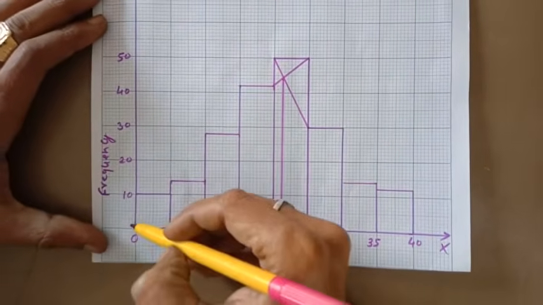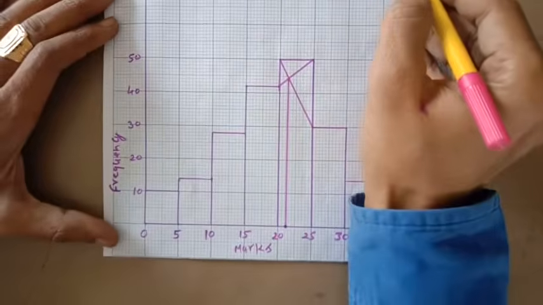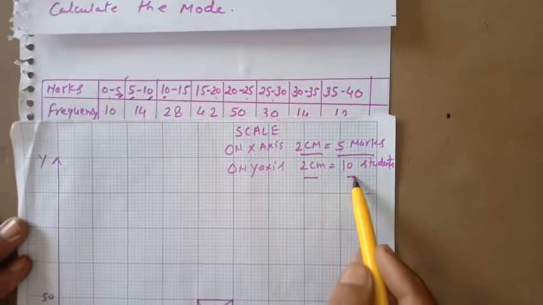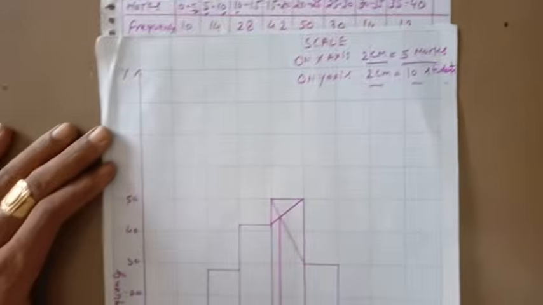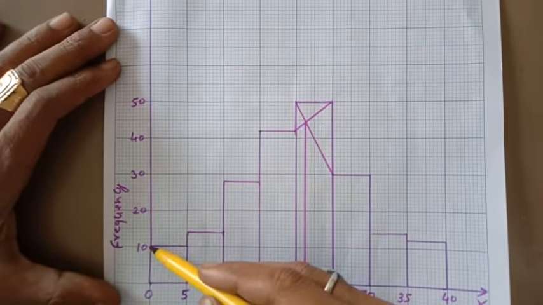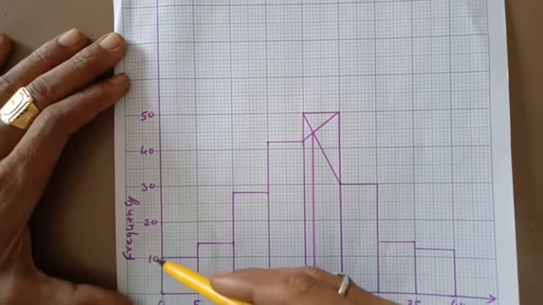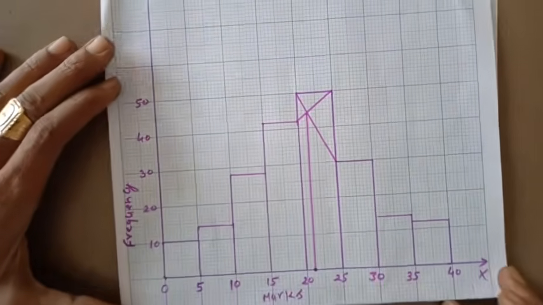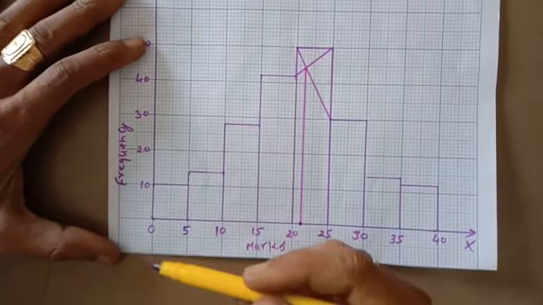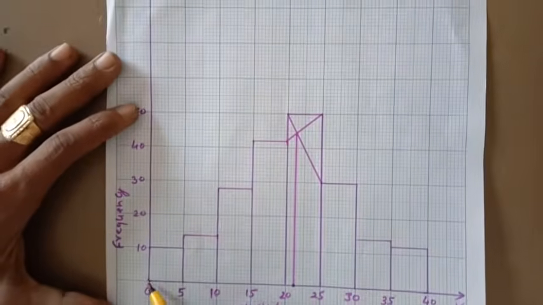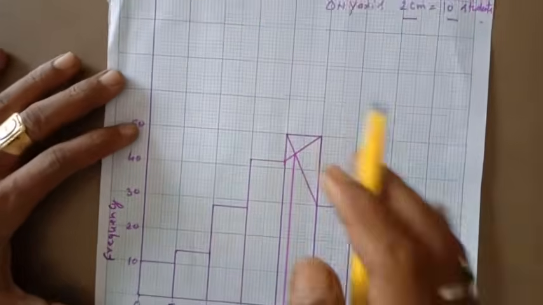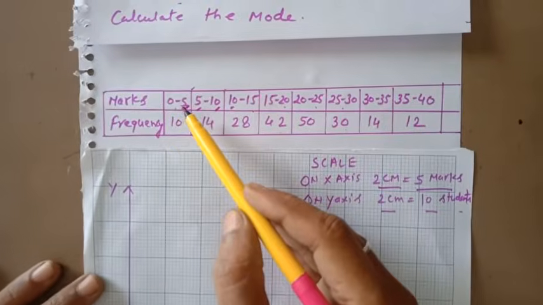And on this y-axis we have taken 2 centimeter equal to 10 students. You can see 0 to 10 here. This is 10 students, it is 2 centimeter. Then this is starting from 0 only. We can see this here 0 to 5.